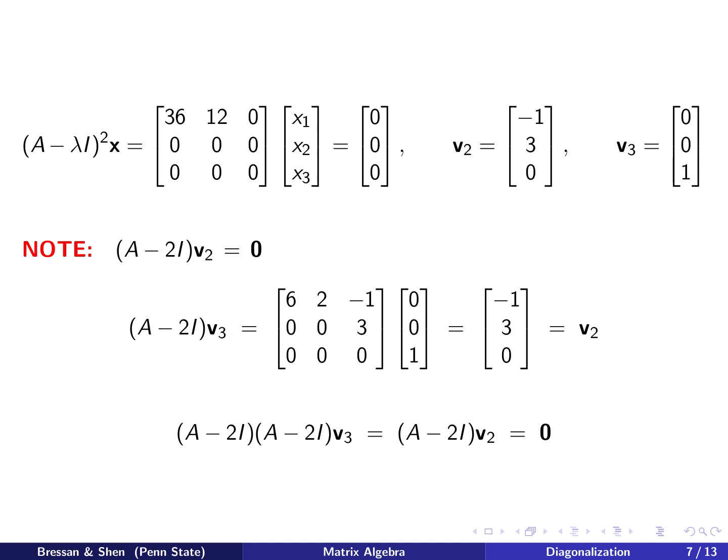Okay, so we can write out this relation here. We can multiply this on the left by another A minus 2I, then I'll have A minus 2I times A minus 2I V3 would be A minus 2I V2, because this guy here is just V2.